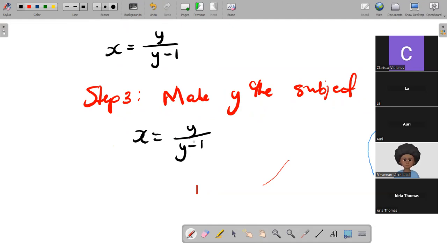So first thing first, we don't want to leave it like this. So we do the cross multiplying thing that I just showed you. So we put x over 1 and we multiply, right? So we're going to say 1 times y is equal to x times x minus 1. And because this is two things, we put it in a bracket, y minus 1.